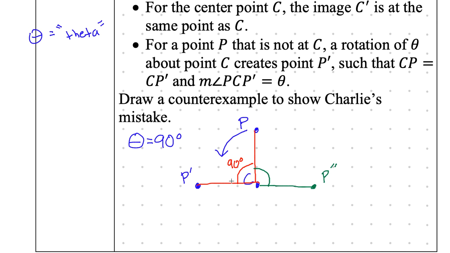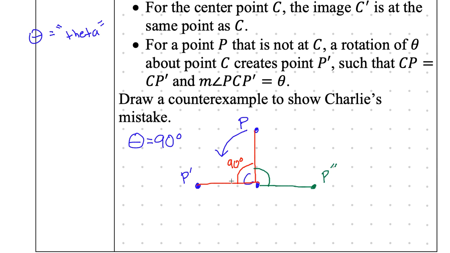It's saying use your protractor and measure P, C, P prime. In this case, it's P double prime. If I pull out this protractor and measure this angle over here, it should be 90 degrees. I don't care about what direction I am.